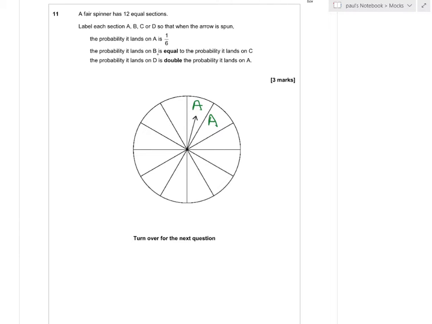The probability it lands on B is equal to the probability it lands on C. And the probability it lands on D is double A. So we'll put D: we have 4 things for D, double A, and B is equal to C. So we're going to have B, B, B, C, C, C.